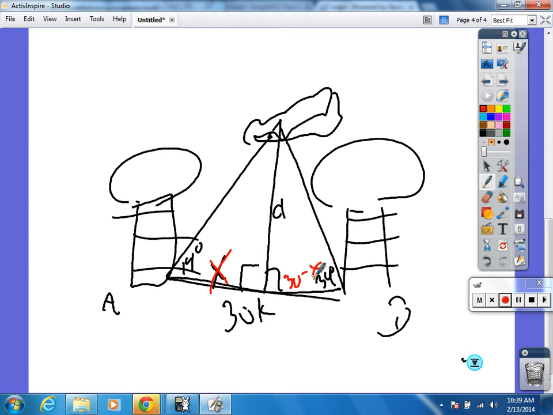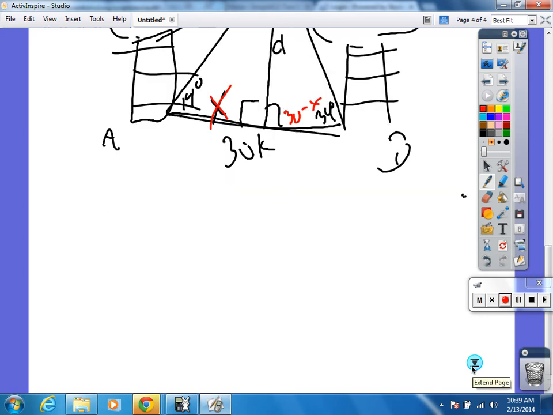Okay, so now with that being said, I've got two triangles. I'm going to start here at 14 degrees.